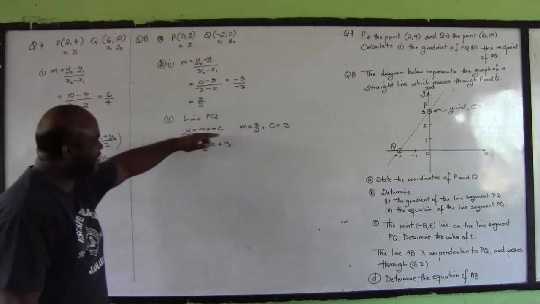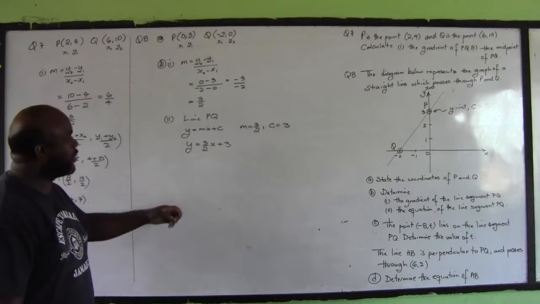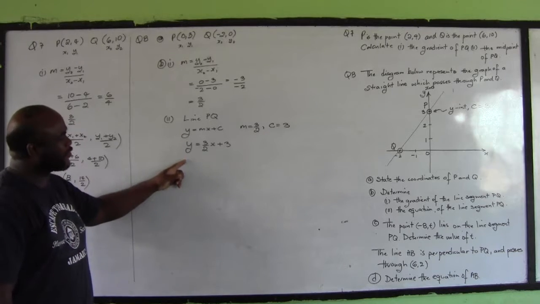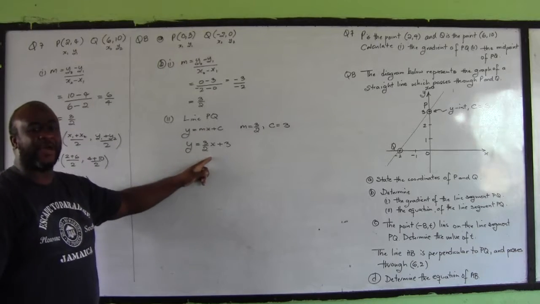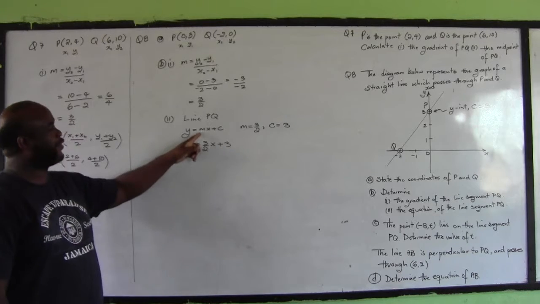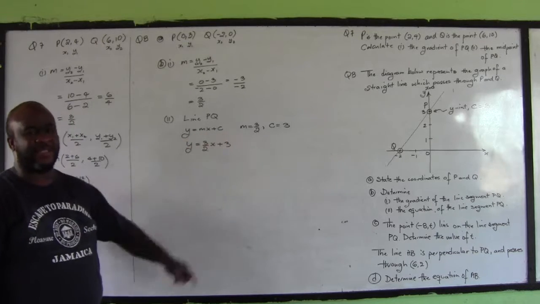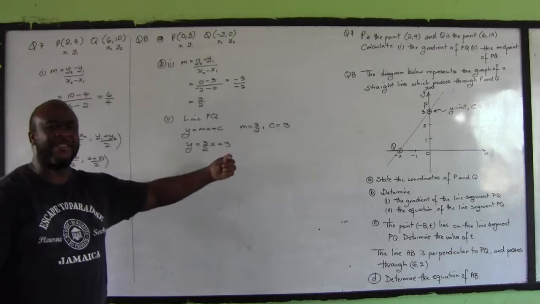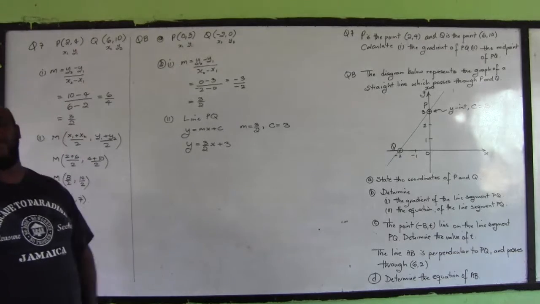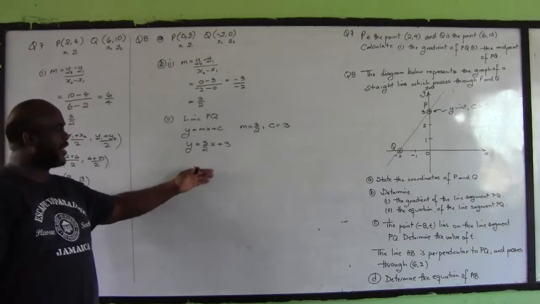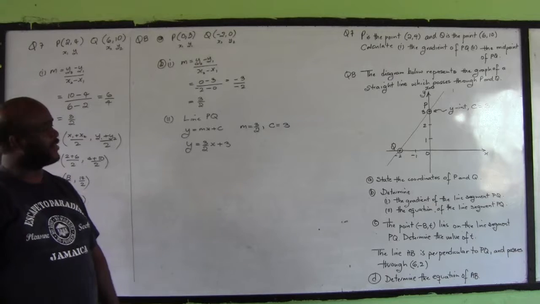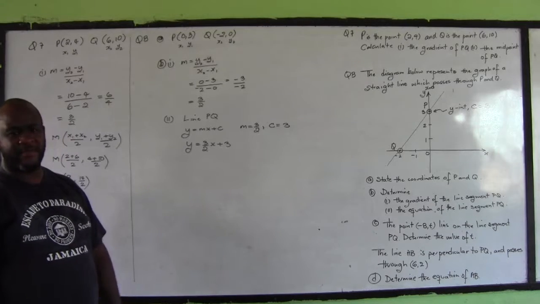The y must stay, the x must stay. The only two things you need to put in are M and C. Once you know M and C, you know the equation of the line. The equation of the line is y is equal to 3 over 2x plus 3.